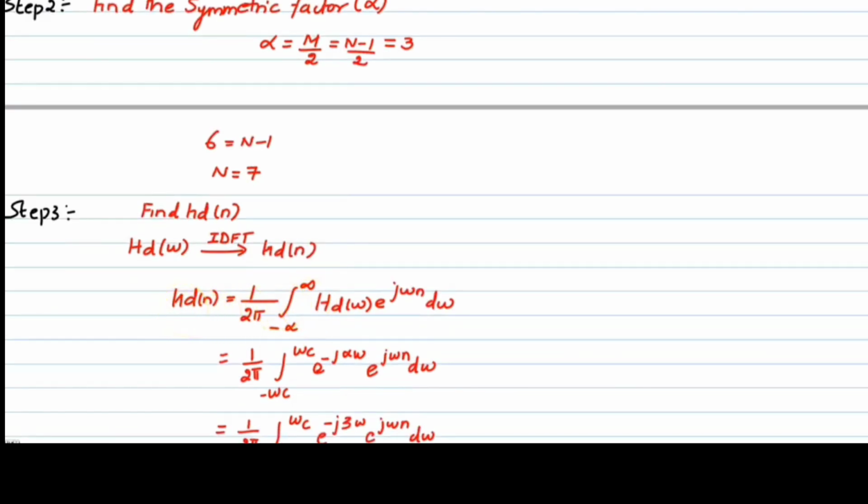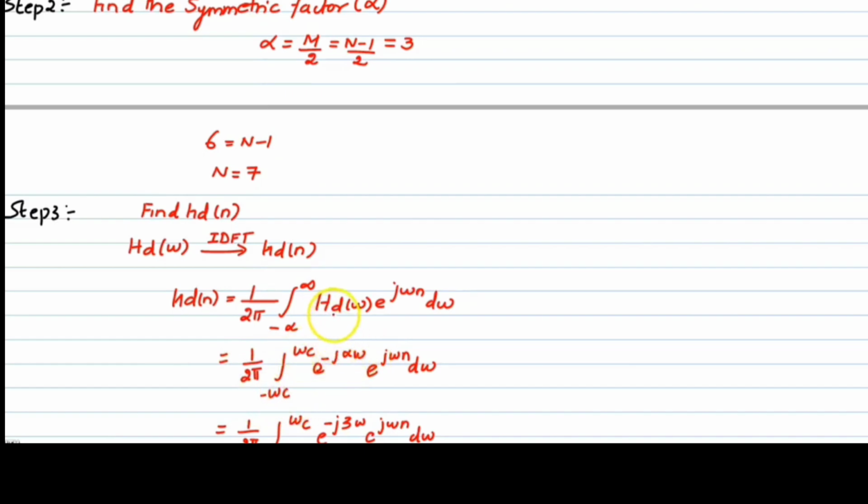You substitute the value of HD of omega, which is nothing but e power minus j 3 omega. Instead of minus infinity to infinity, you substitute minus omega c to omega c, which is already given as minus pi by 4 to pi by 4. Instead of alpha, you substitute 3.